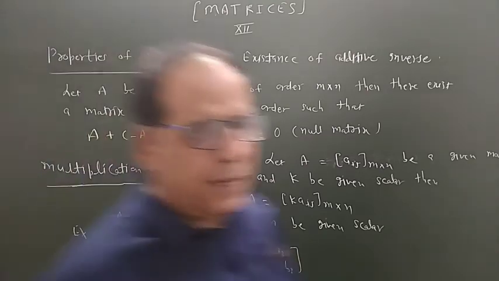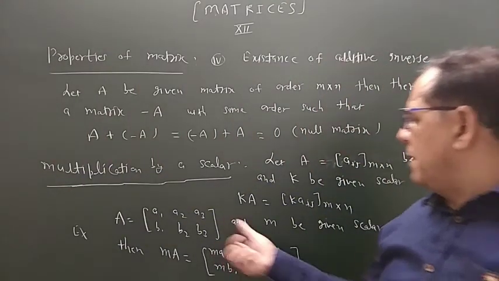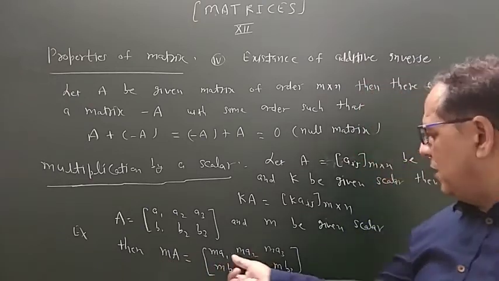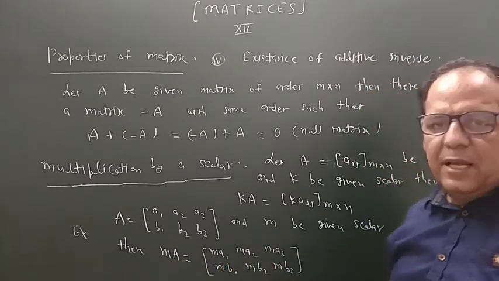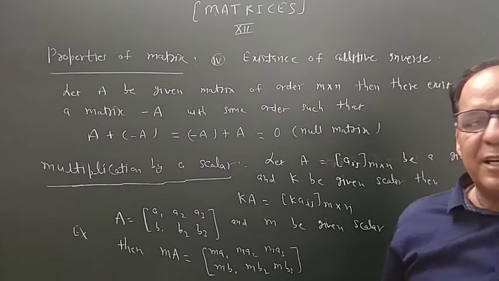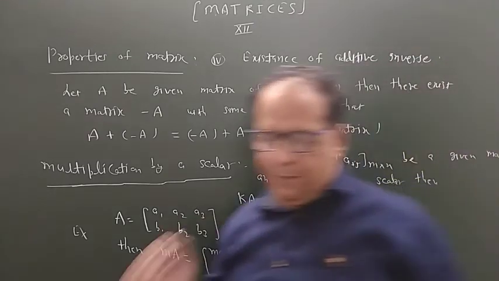So if we multiply by any scalar, this scalar multiplies with each element of the given matrix and the order of the resultant matrix remains the same.